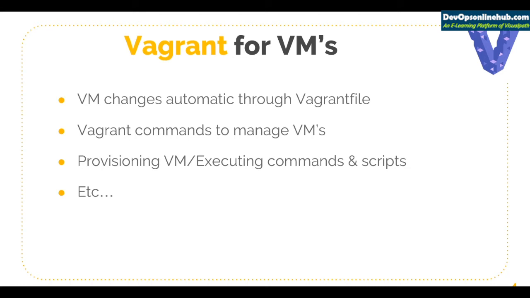Type 2 hypervisors like Oracle VM VirtualBox, VMware Workstation, VMware Player, VMware Fusion. These are type 2 hypervisors which you install on your laptop or on your desktop, which doesn't run anything production. This is for testing. So Vagrant works mostly with type 2 hypervisors. That means it's for non-production.